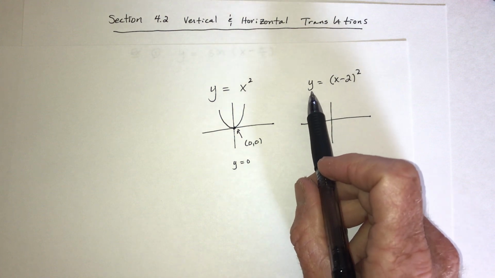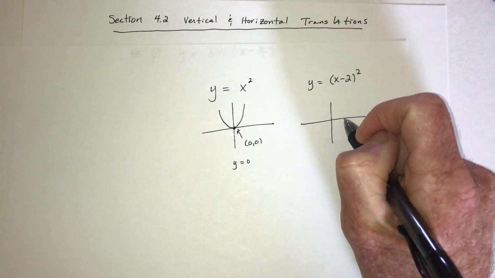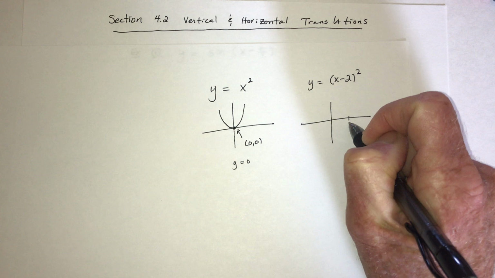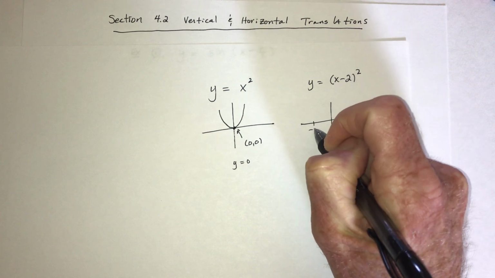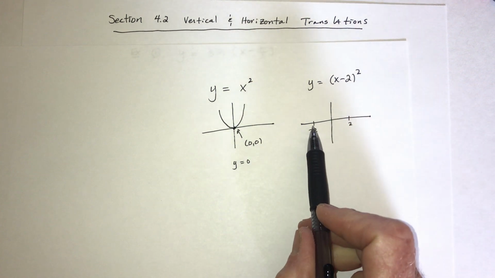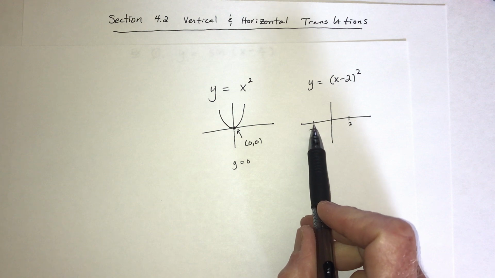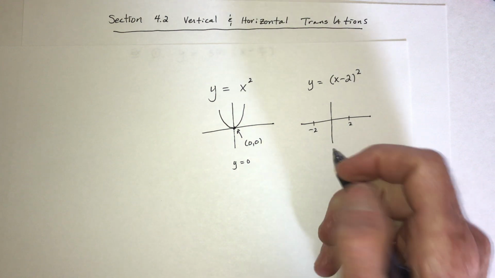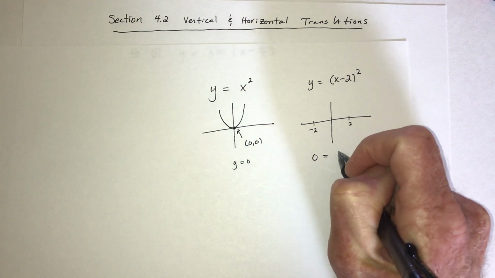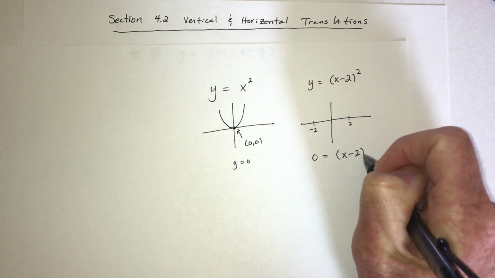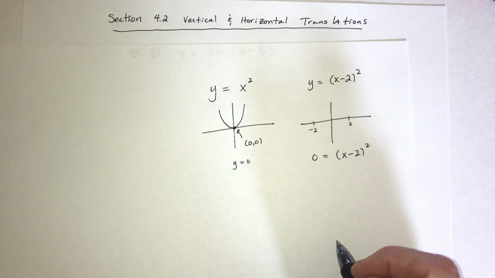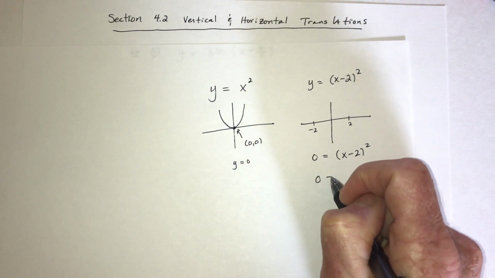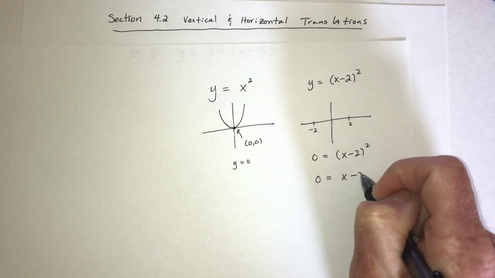What about for this one? So when does it hit the x-axis? Is it over here at positive 2 or is it over here at negative 2? Well, whichever one it is, if it's here, y equals 0. And if it's here, y equals 0. So no matter what, I can plug in y equals 0 and then solve for x. Take the square root of both sides, it's still going to say 0 equals x minus 2.